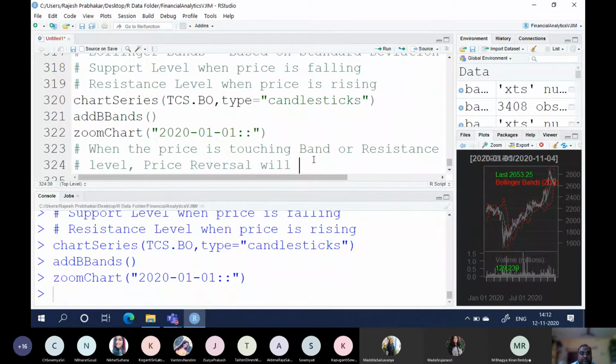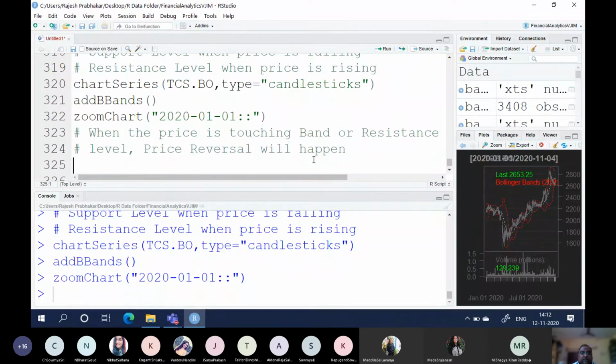The price will correct automatically downwards. That is the most occurring scenario. When it touches the bottom, it can go up, but the most important thing is the resistance here.